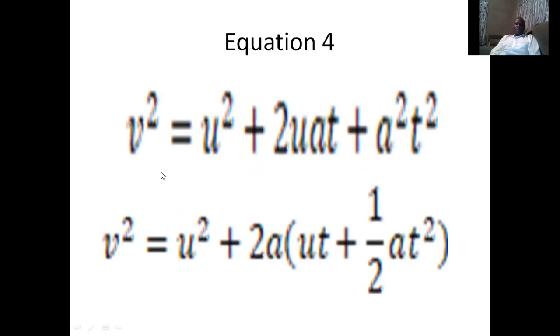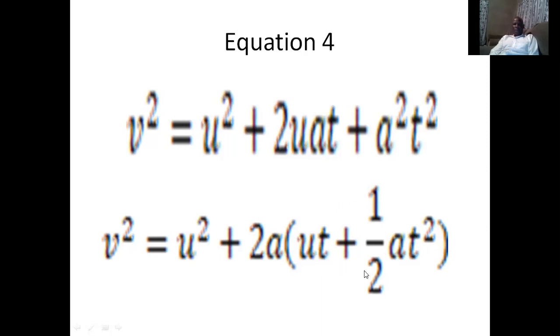From here, we can factor out 2 times acceleration. Outside the bracket, what remains is initial velocity times time, plus, since we have 2 outside, for us to remain with 1 there, we have to put half, so that 2 times half gives 1. Then we remain with acceleration, and t squared remains.